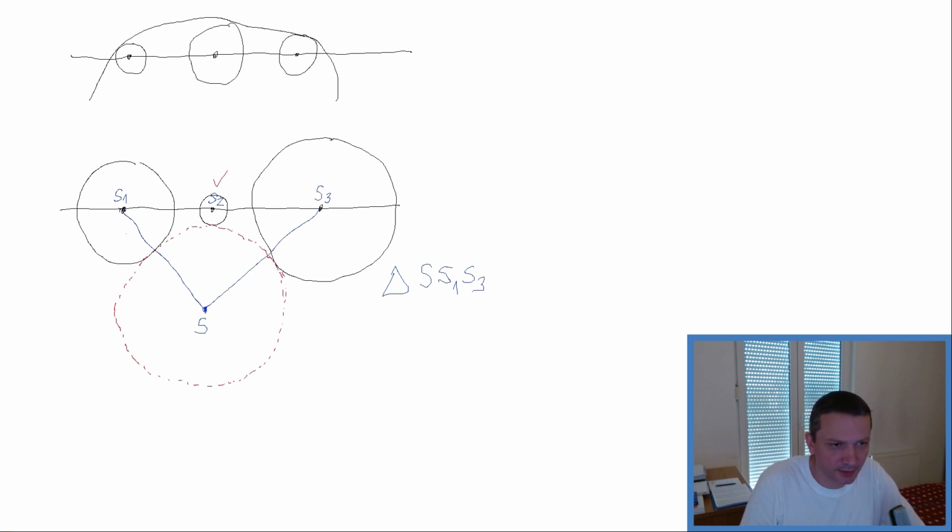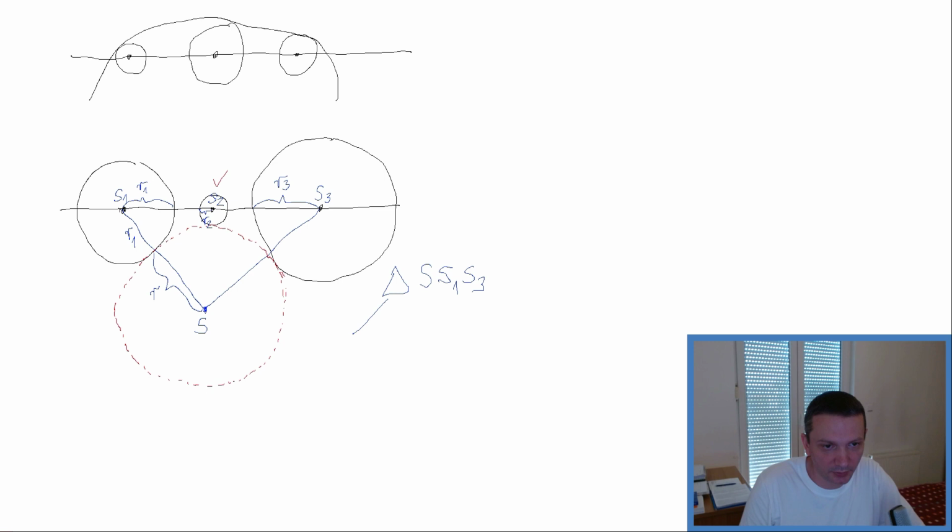This is R1, this is also R1, the radius of the first. Here we have R2, the radius of the second circle. This is R3, the radius of the third circle, and this fourth we denote its radius by r.